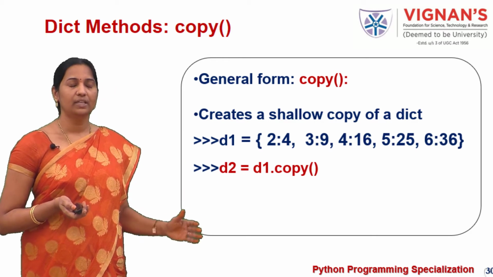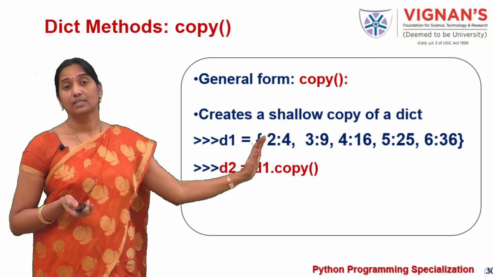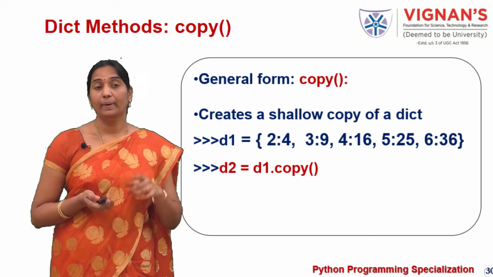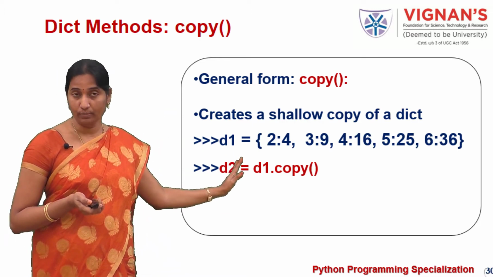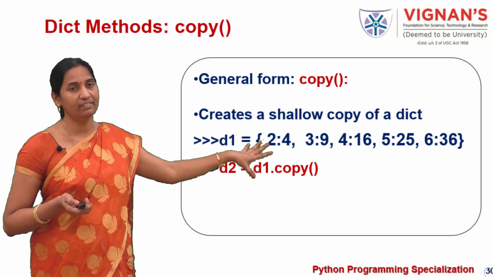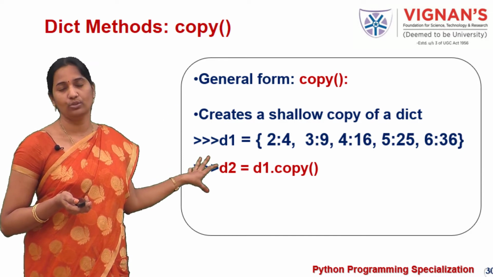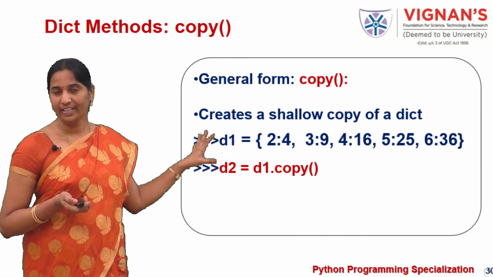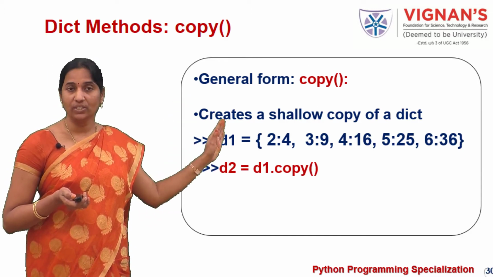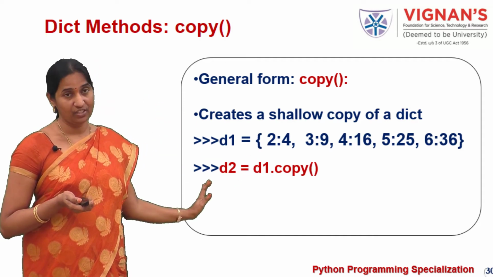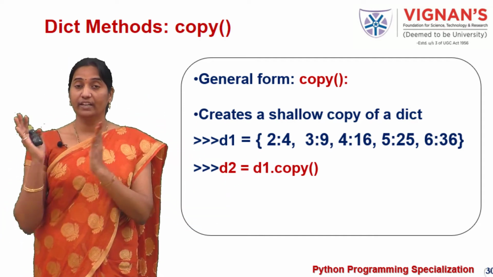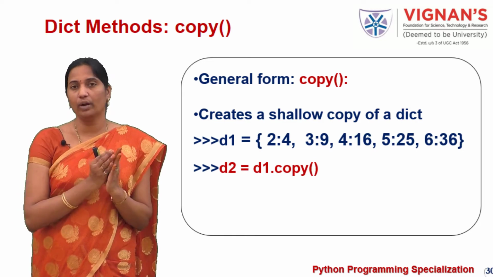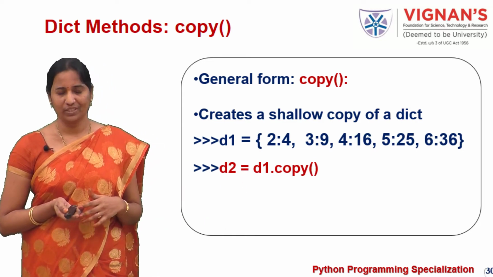So hereafter D2 and D1 contain the same elements and structure, but remember they are not pointing to the same object, because a fresh copy of D1 is created and assigned to D2. That is how, hereafter, if you make any changes in D1, that will not affect D2, because these two are different instances. They are not pointing to the same object. That is to be noted.